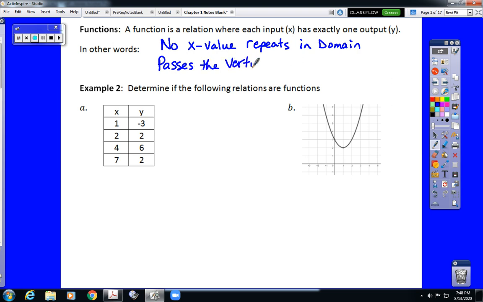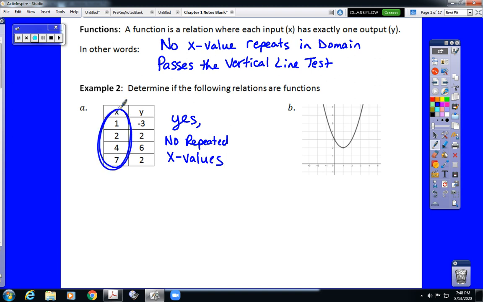These would be our graphs that pass the vertical line test, and we will get to that on a later screen. So for now, what we're looking for here is, are these functions? Well, the first one is a yes, because we have no repeating x values. Okay, you can look right here. There are no x's repeated in the x column. That makes that relation a function.